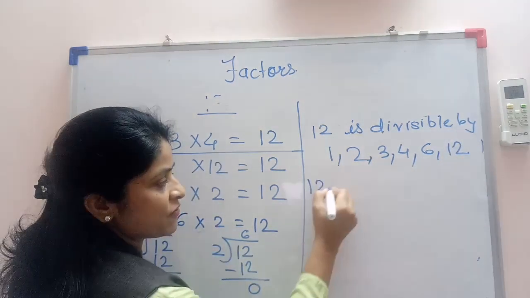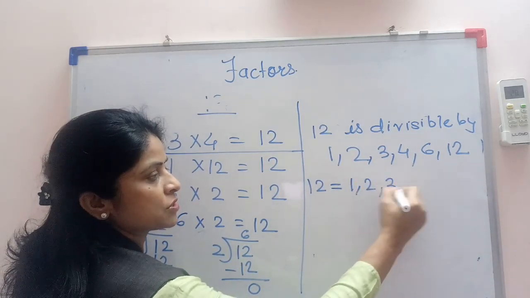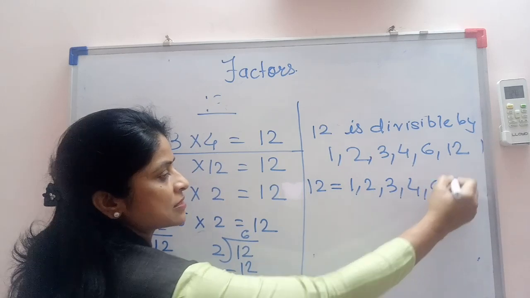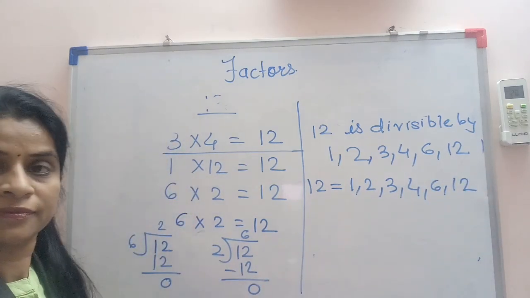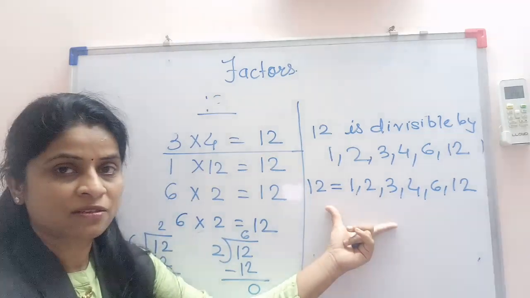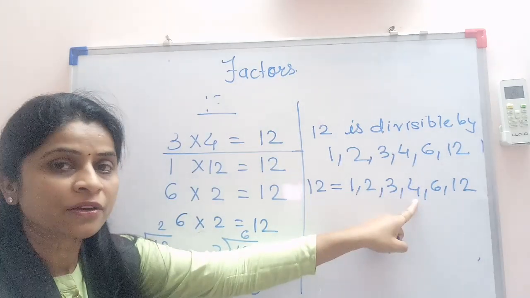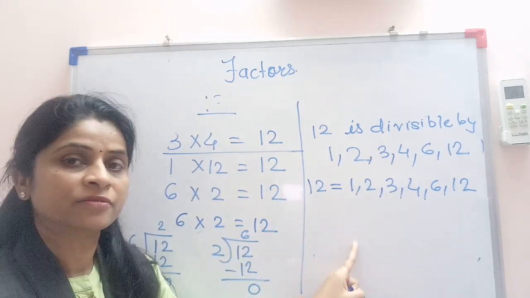So the factors of 12 are 1, 2, 3, 4, 6 and 12. So from this we come to know what a factor is. A factor is a number that divides a number without leaving a remainder.